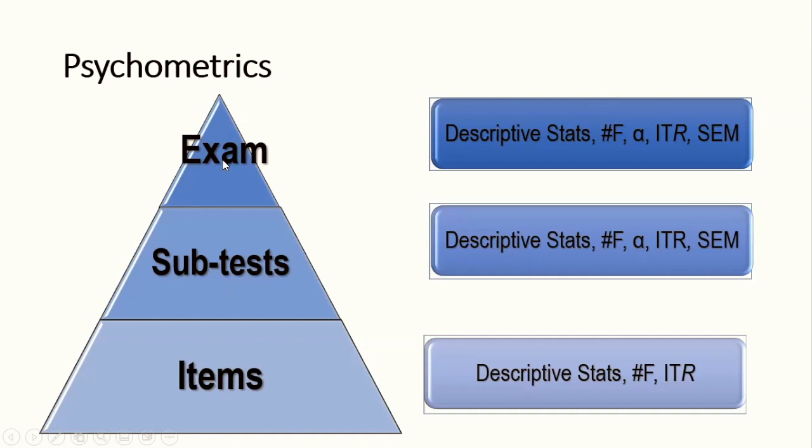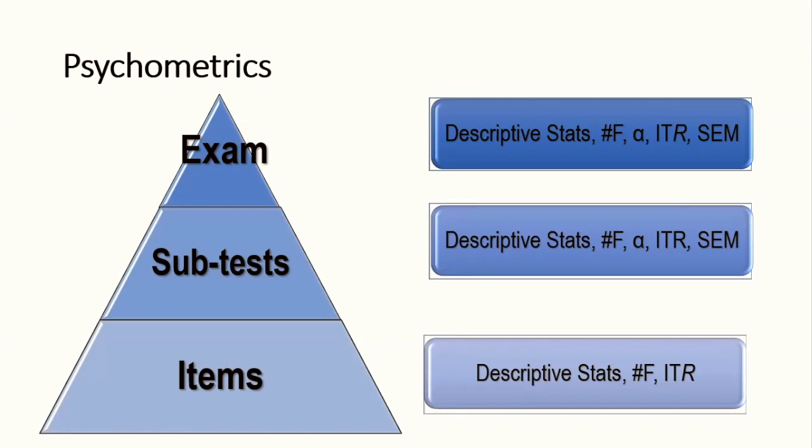It will be the same mean score for the item with the same interpretation we will see later. The same mean or median or standard deviation for a subtest, such as for your medicine 50 questions or for your OSCE station on counseling. And the same mean, median, standard deviation will be used to evaluate the quality, the psychometric quality of your exam.